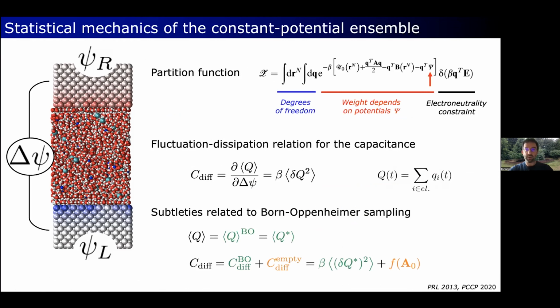So what is also important is to understand what we are actually sampling when we do this Born-Oppenheimer dynamics on the charges. And we wrote explicitly the statistical mechanics of this constant potential ensemble. In particular, what you need to start from is the partition function, which involves the degrees of freedom, which in principle involve the positions of the electrolyte atoms, but also the charges, the fluctuating charges of the electrodes.